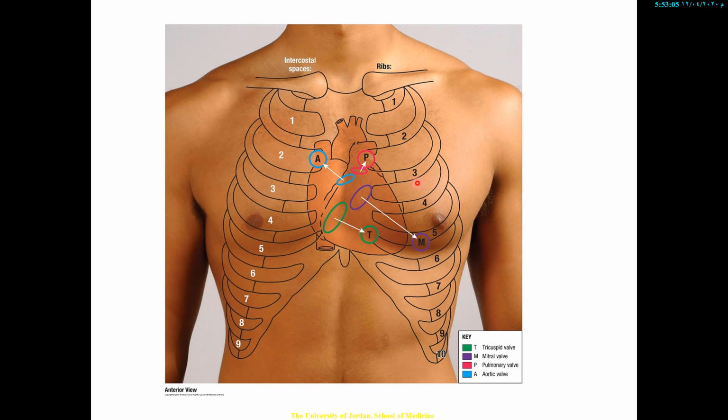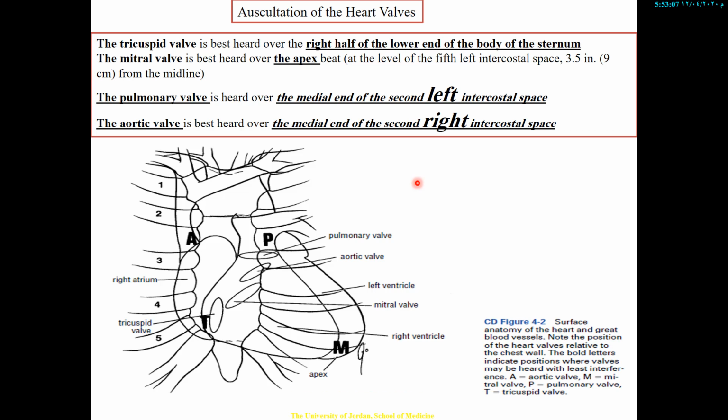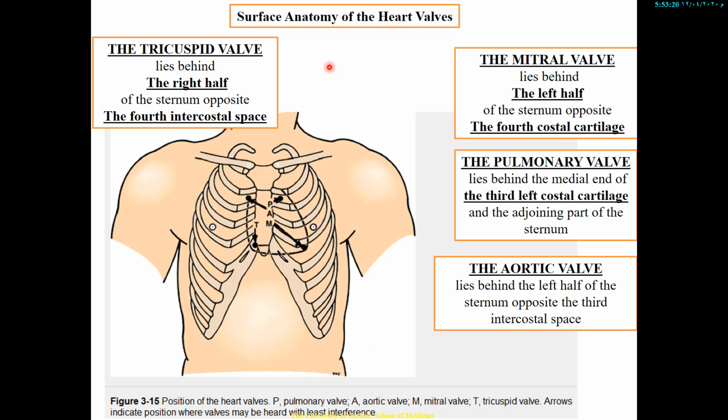what matters for all of us is where to hear the sounds of these valves. And to your surprise, they won't be the same areas as the surface anatomy, and this is very important to be appreciated.